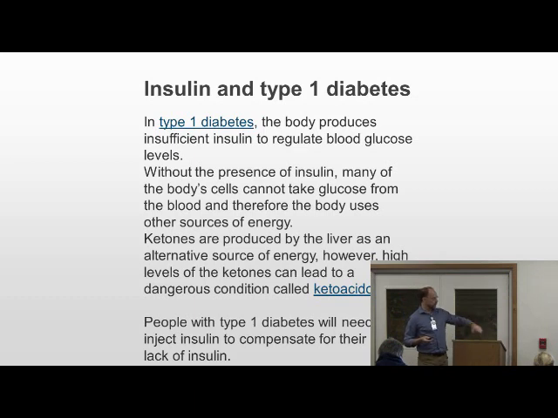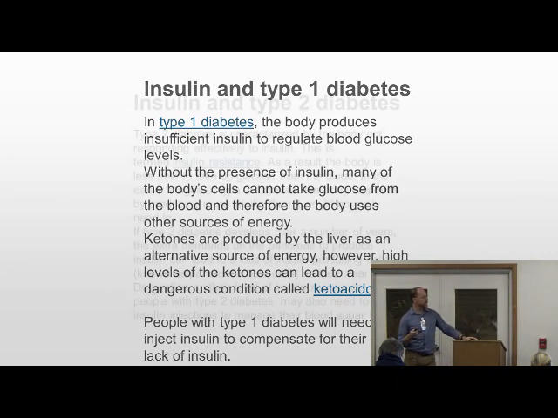And lots of other things too. Ketones are produced, and if you get high ketones that are unregulated, you can get ketoacidosis. So people with type 1 diabetes, they use insulin. They don't get managed with other drugs. They need insulin. That's what they lack and what they need.